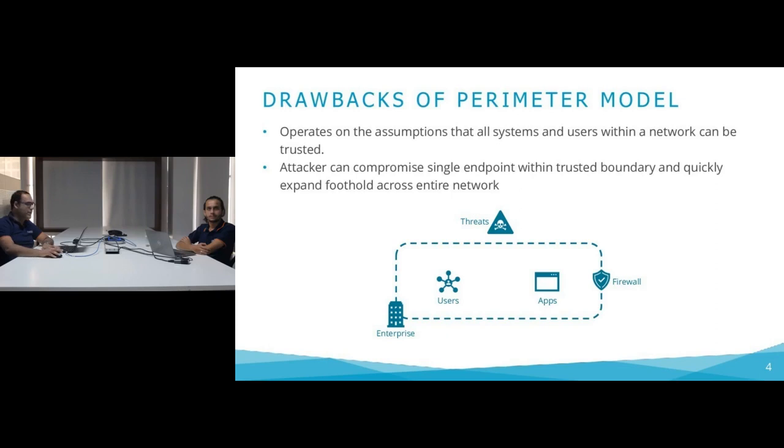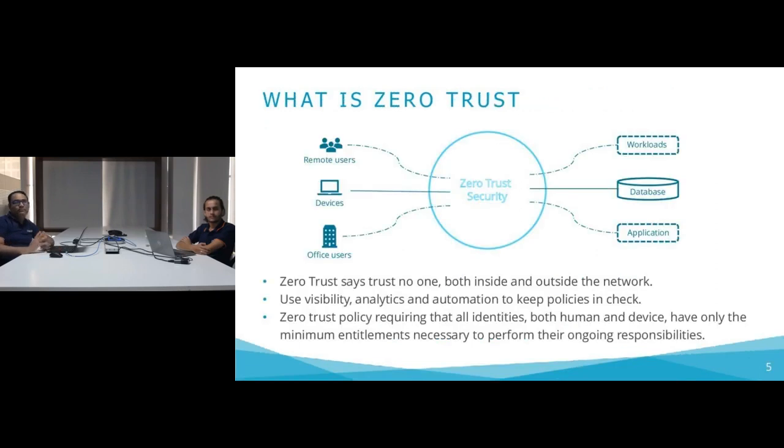So let's continue to the next part, which is knowing about zero trust. As zero trust says, trust no one, both inside and outside of the network. It's a security framework requiring all users, whether in or outside the organization's network, to be authenticated, authorized, and continuously validated for security configuration and posture before being granted or keeping access to applications and data.